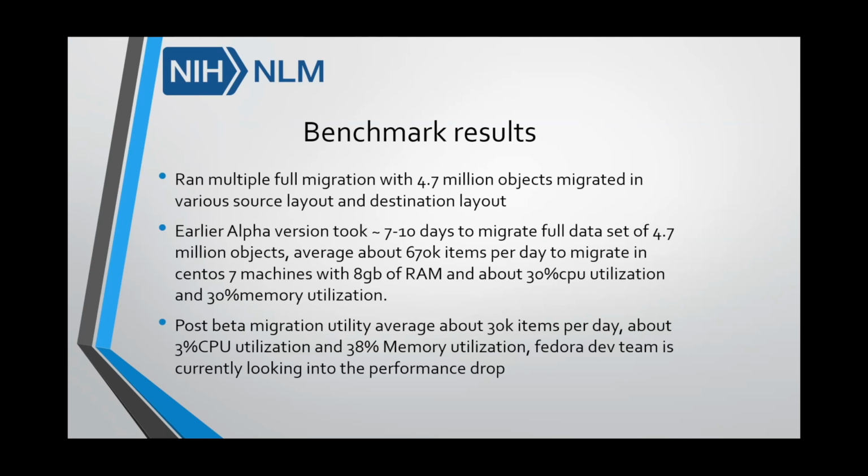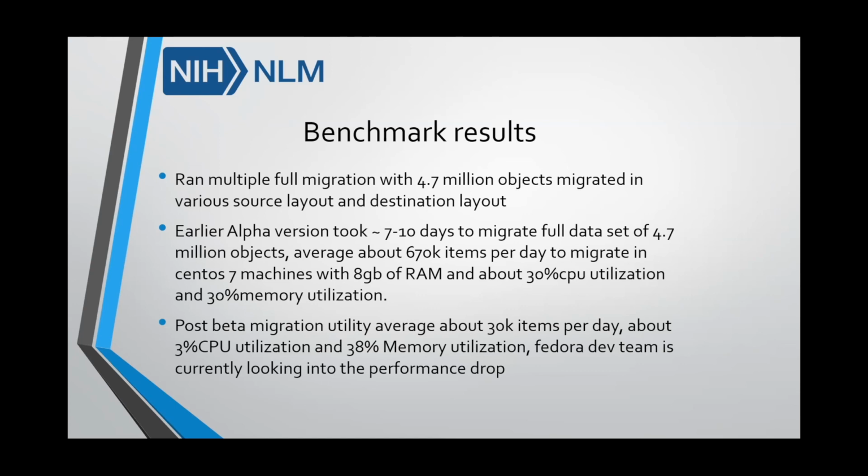And we are running this on our CentOS 7 machines with 8 gigabytes of RAM. We also observed it uses about 30% of CPU utilization and 30% of the memory utilization.